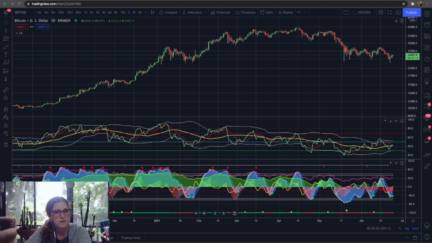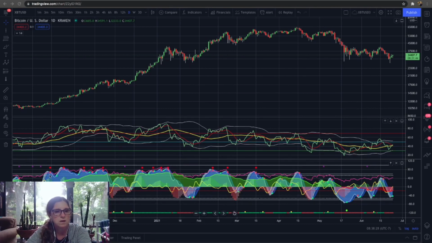When the blue waves are crossing to the upside, we're going upwards. The only time, and as you can see, we never got any blue waves to the downside except in this correction. So once the blue wave crosses past the 0 line and makes a bottom, you're getting a correction.